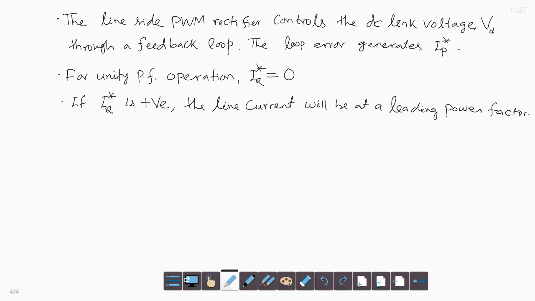The IP is in phase with VS for unity power factor. If an IQ component is there, because IQ star is positive, then it will have a leading power factor. So, this is the scheme of vector control of line side PWM rectifier.